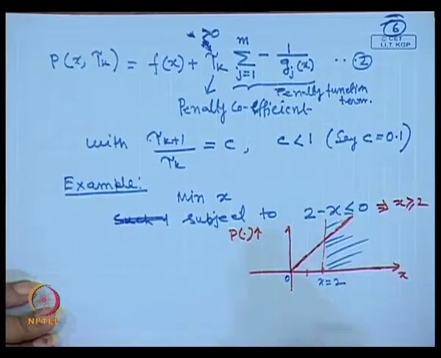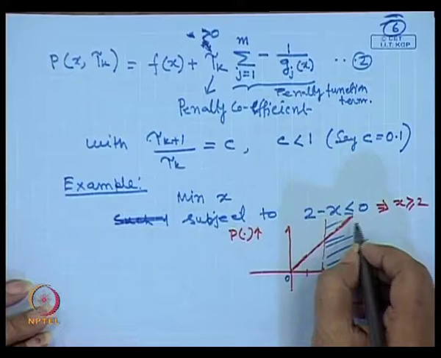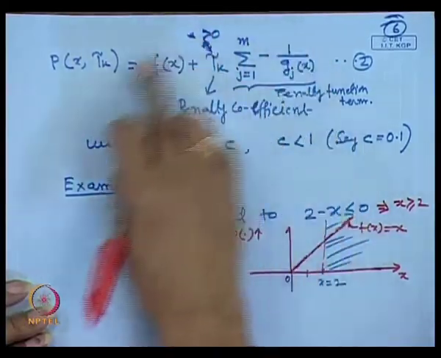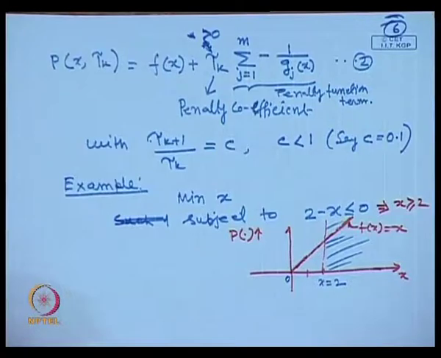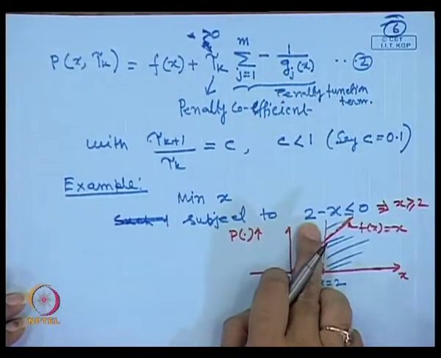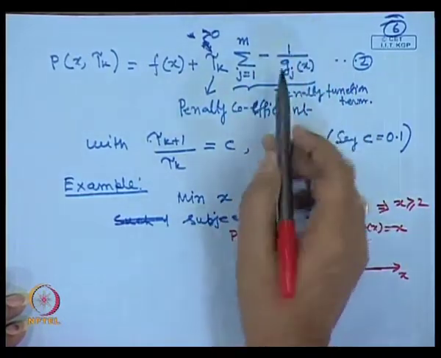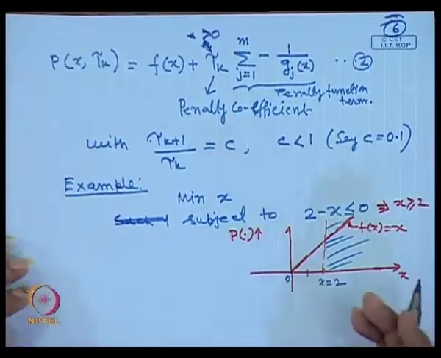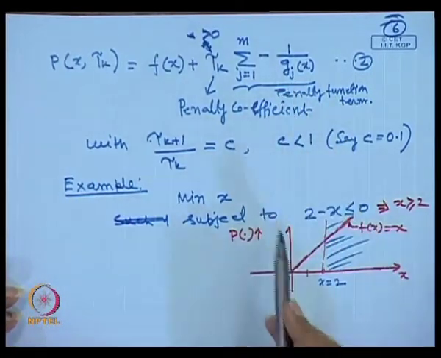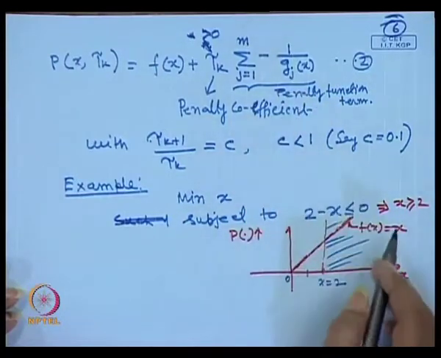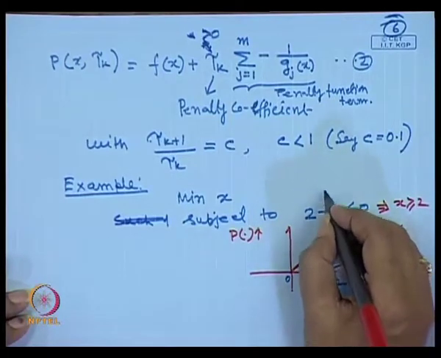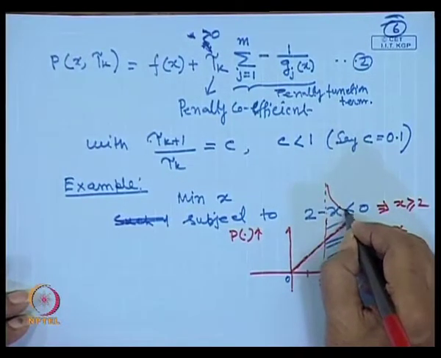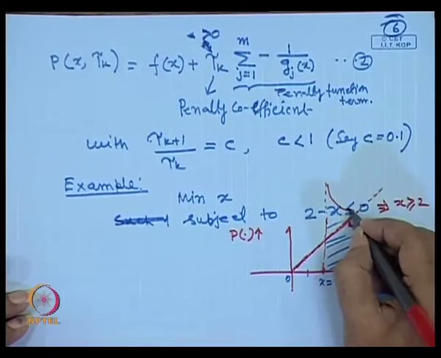If x is within the feasible region or space, and far away from the boundary, then g j of x is less than 0, and the penalty term is small.